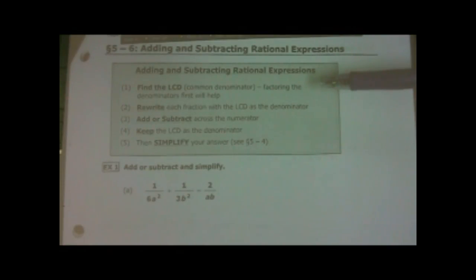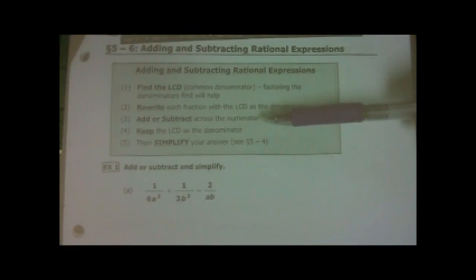If you have a binomial or a trinomial in the denominator and it factors, factoring it first will help you do this. All right? So a lot of times your first step is going to be to factor. Next, rewrite each fraction with the lowest common denominator as the denominator. And I'll show you how to do that.